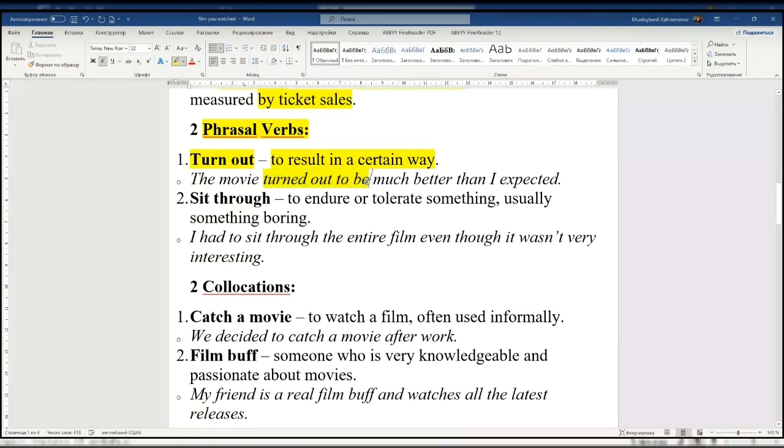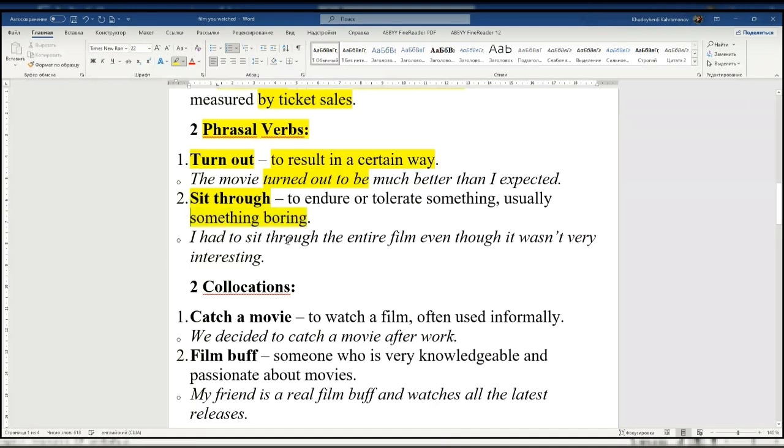It means I thought the movie was not good, but it turned out later, because as soon as I watched this movie, my ideas changed, and the movie turned out to be much better than I expected. And see through. See through means to endure or tolerate something, usually boring.